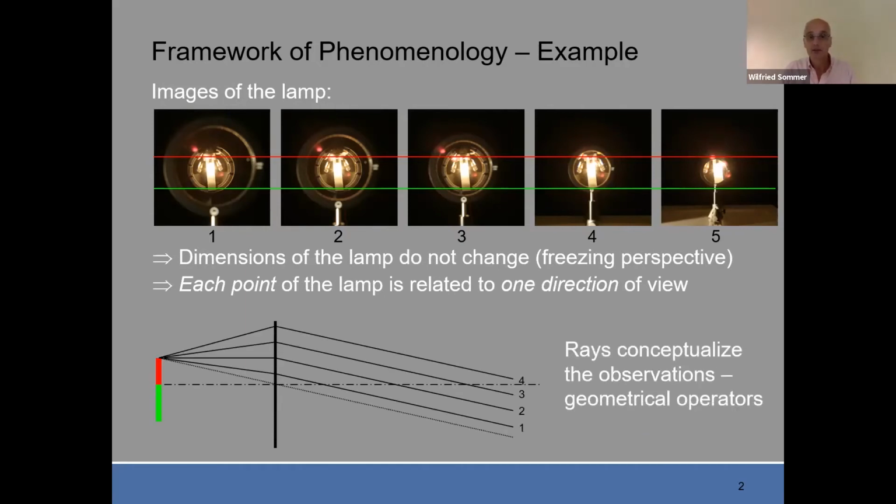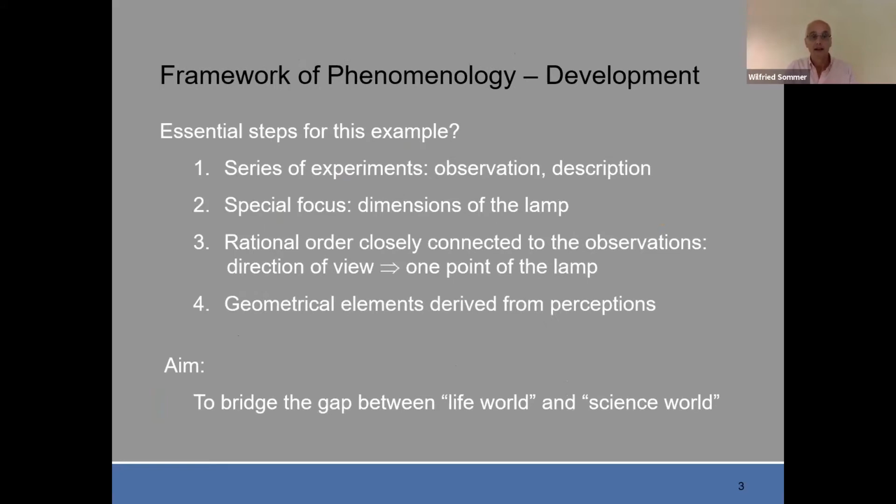And if you introduce optical pathways or rays that conceptualize your observations, then they are geometrical operators, and you can derive that each point of the lamp is related to one direction of view. The framework of phenomenology is pretty clear in that example.